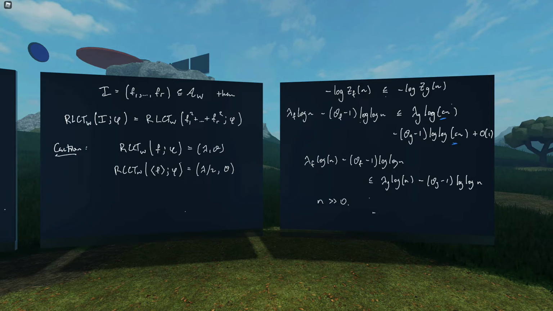The other point is that this notion of RLCTs of ideals has some nice properties with respect to inclusions, as we've already seen, but sums and products of ideals also work nicely. And all of these, I think, become clearer looking at the ideals rather than at the functions.